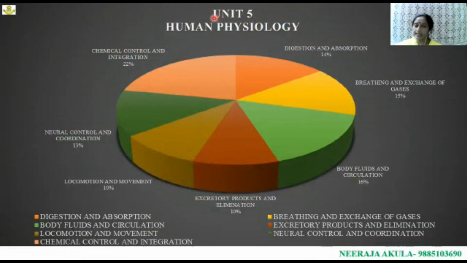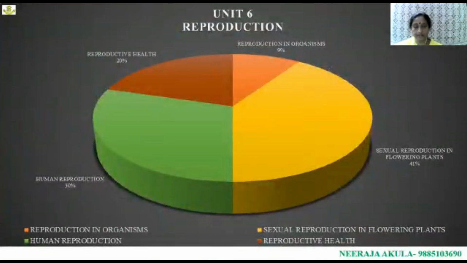And the next unit is human physiology. Totally 7 chapters are there: digestion and absorption, breathing and exchange of gases, body fluids and circulation, excretory products and their elimination, locomotion and movement, neural control and coordination, chemical control and integration, of which more bits appear from chemical control and integration.